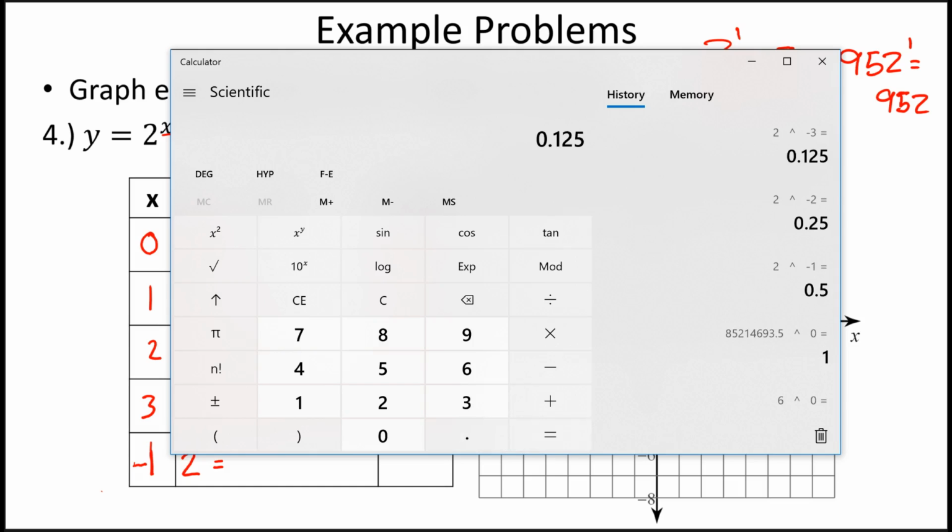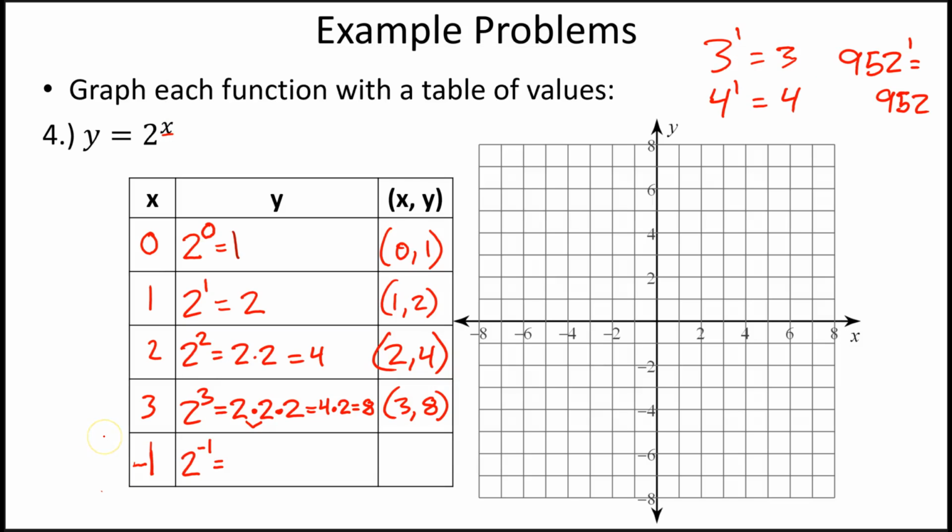So as we increase the negative of our input, our y value is going to be getting smaller and smaller. And we actually will never get to 0, because this will just keep on getting smaller and smaller, but actually never reach 0, which is kind of interesting. So this we said was 0.5, which is the same as 1/2. So negative 1 and 0.5.